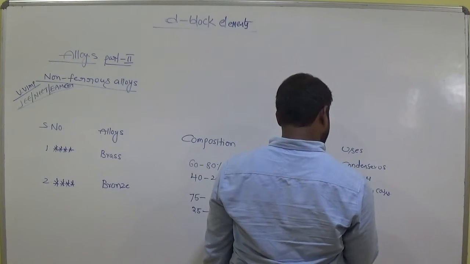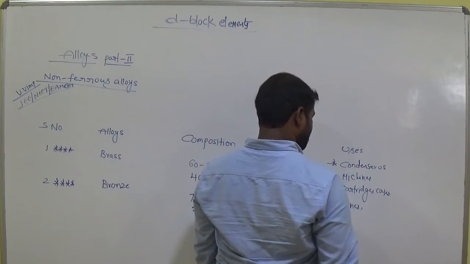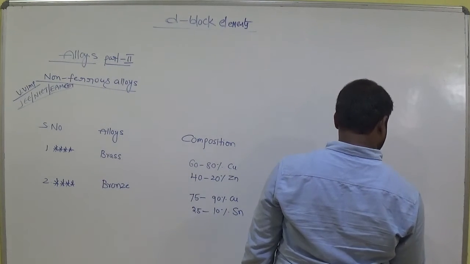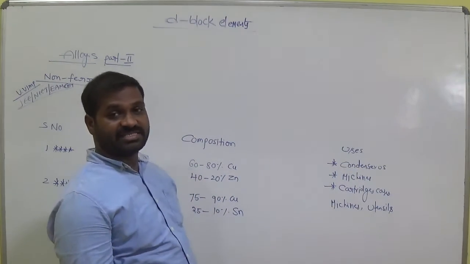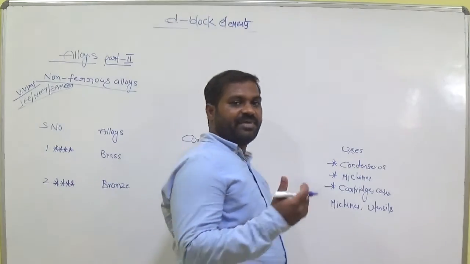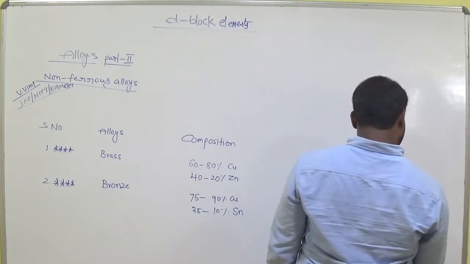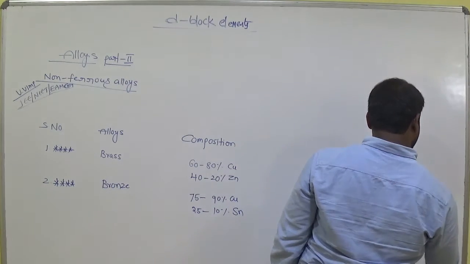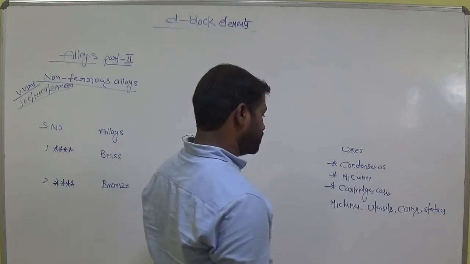For machines and utensils, meaning household devices we use in our houses. Such materials we can prepare using bronze, and we can also prepare coins and statues.